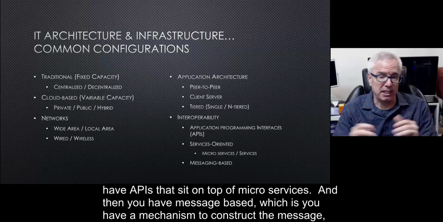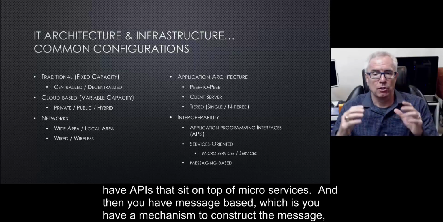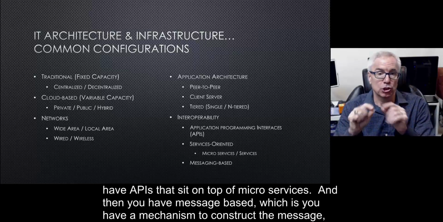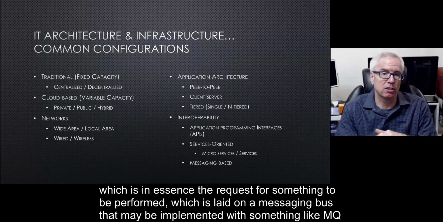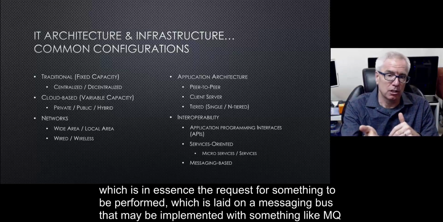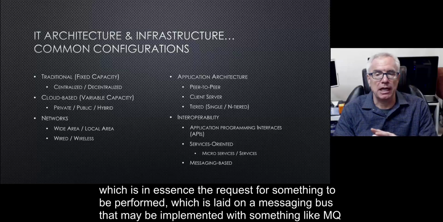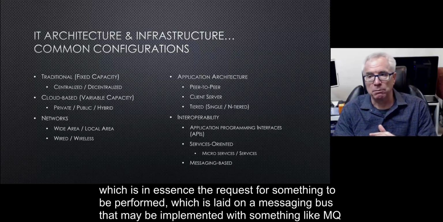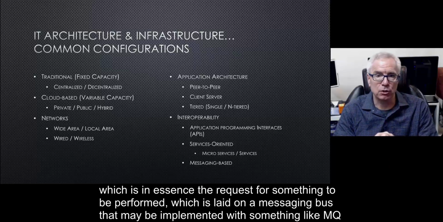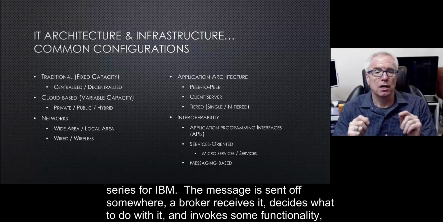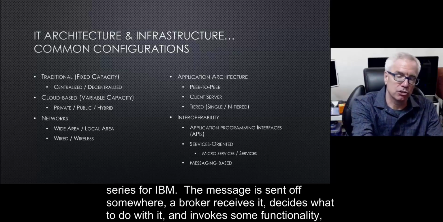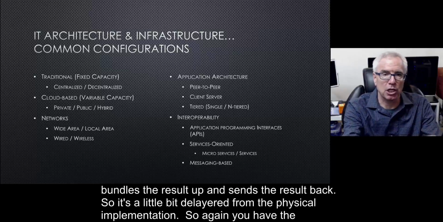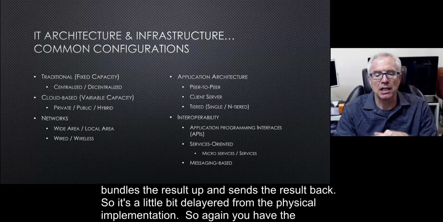And then you have message base, which is you have a mechanism to construct a message, which is in essence a request for something to be performed, which is laid on a messaging bus that may be implemented with something like MQ Series from IBM. The message is sent off somewhere. A broker receives it, decides what to do with it, invokes some functionality, bundles the result up, and sends the result back.